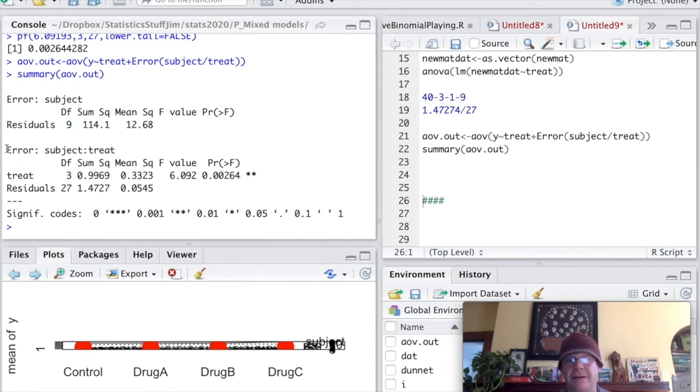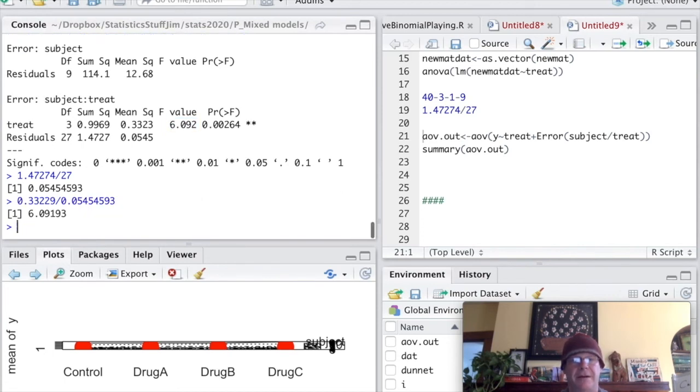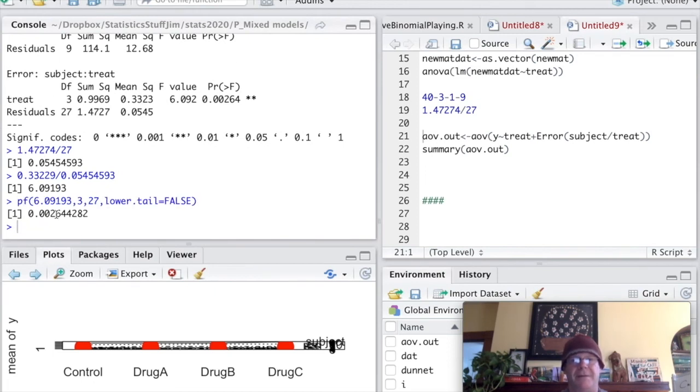And then here is the hypothesis testing part. And what you'll note here is that this is the exact same mean squared we got when we did it by hand. And this is the exact same F value we got when we did that by hand, which was there. And then again, we did the same p-value.